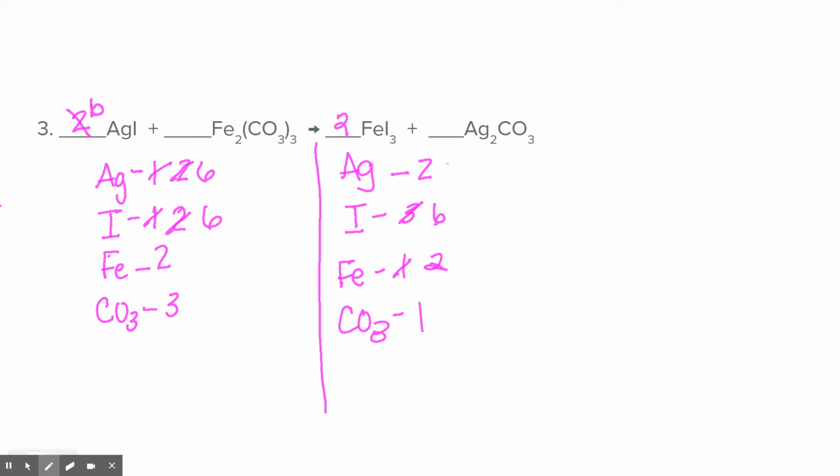I now need my silver to be 6 over here, and my carbonate to be 3. So I'm going to add a 3 here. Makes my silver 6 and my carbonate 3. And we are done.